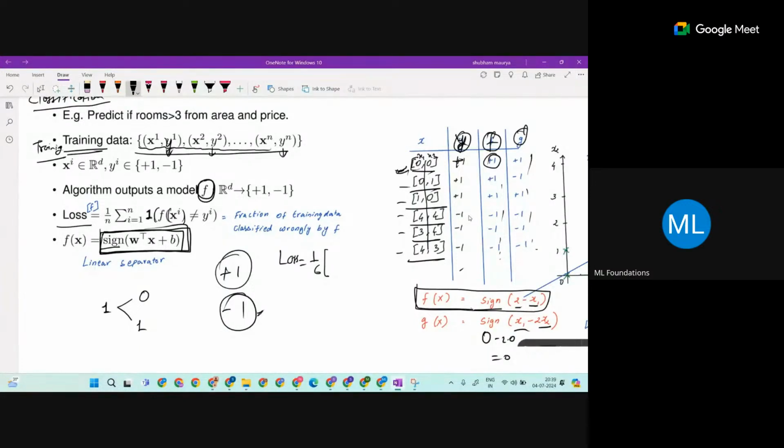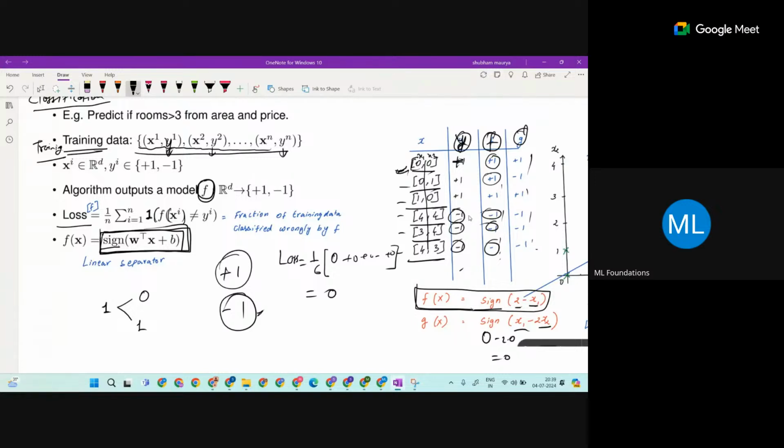This is the same as whatever output we got, plus the same, so this is going to be 0. For this one also 0, 0. All are exactly the same. Here is -1, here is -1. Each time we are getting 0. So the loss is going to be 0. So the F model is very much suitable for the training data.